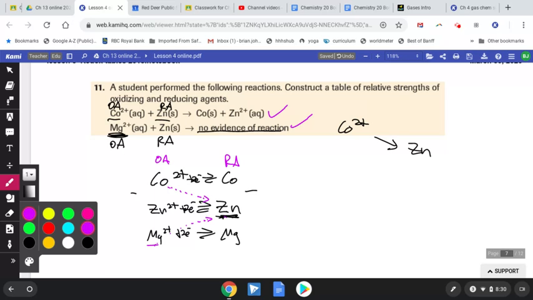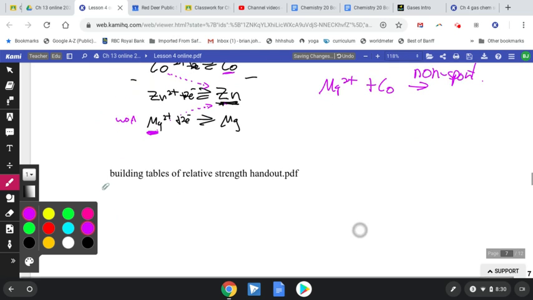Just to speed these up, I'm going to skip states just to build the patterns, and there's our strongest oxidizing agent, weakest. So would magnesium 2 plus react with cobalt? Mg2 plus with cobalt? No, non-spontaneous. So once you've built the table, you can also make predictions.